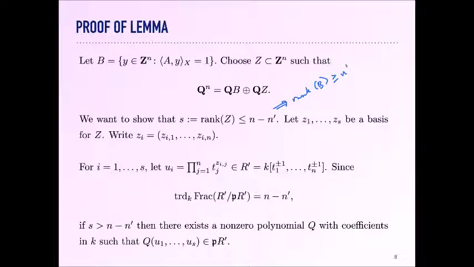Then q of u1 through us vanishes in r prime mod pr prime, which is to say that it's in p times r prime.